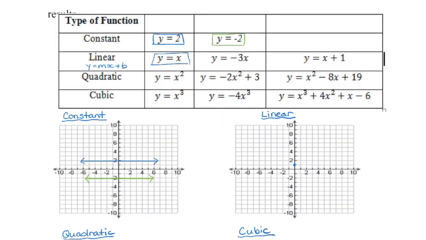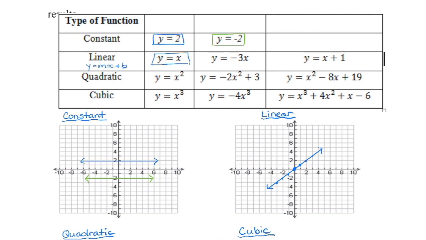If I go to sketch that first graph, I'm going to begin by plotting my y-intercept, which is going to be 0. And because my slope is 1, I'm going to go up 1, over 1, up 1, over 1, up 1, over 1. Or we can also go down 1, 1 to the left, down 1, 1 to the left, down 1, 1 to the left. I'm going to connect those dots with a straight line, and that is my first linear graph.